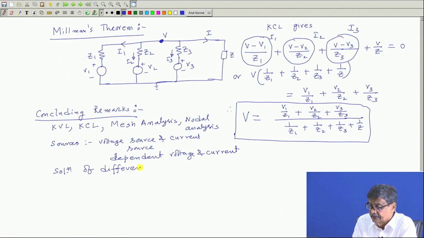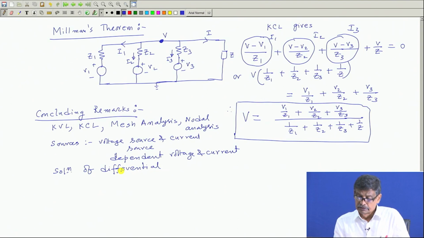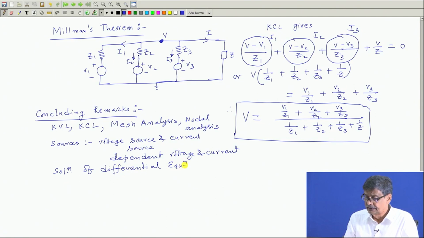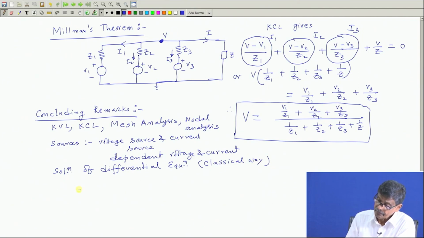That will be necessary if you want to find out the total solution for currents in a circuit which is excited by time varying sources. So, solution of differential equation is the classical way of solving a circuit equation. After you have done this, it also gives you both the time domain as well as the steady state response.